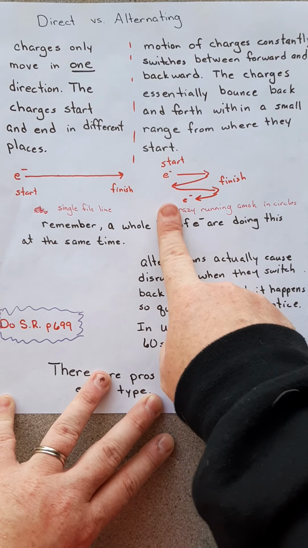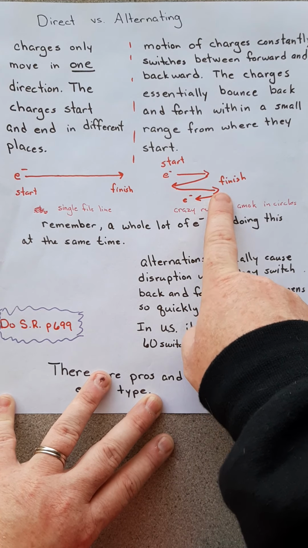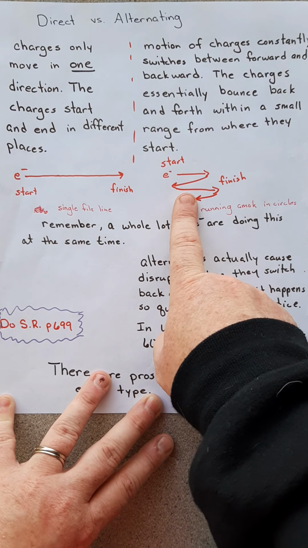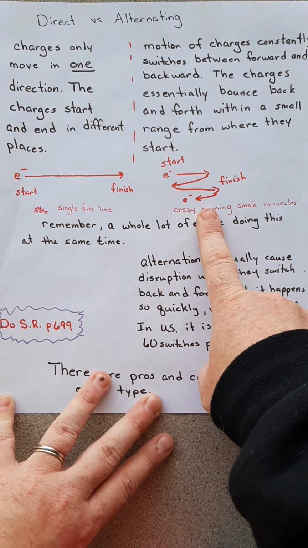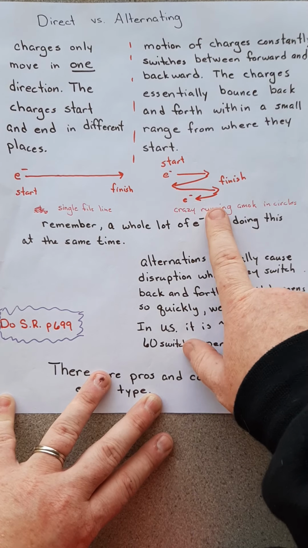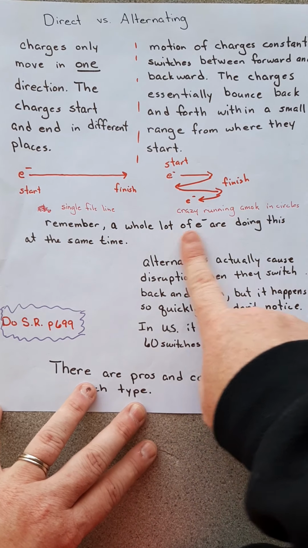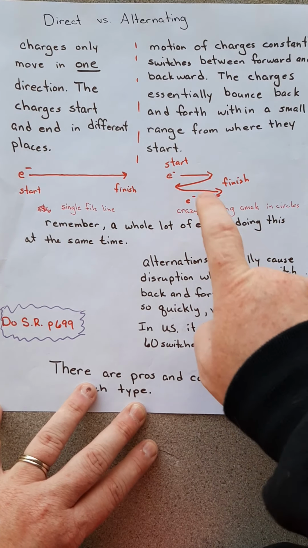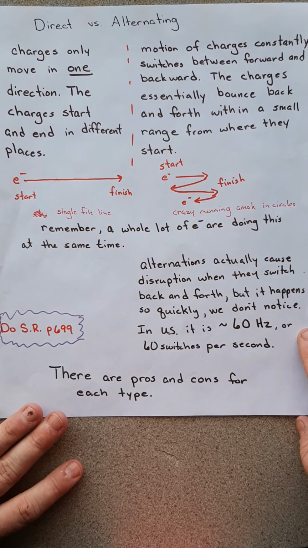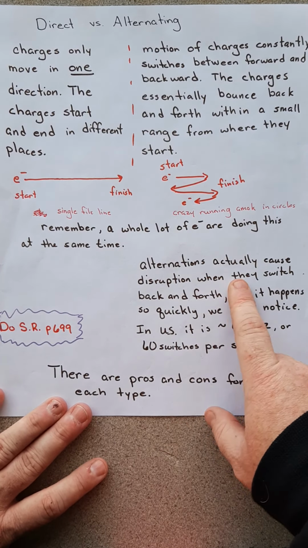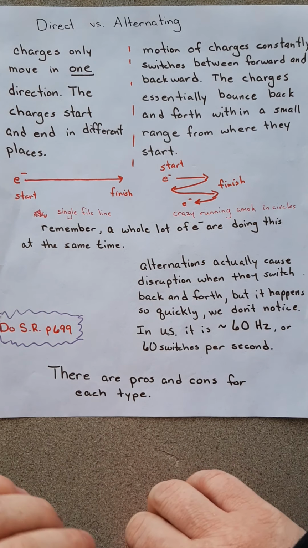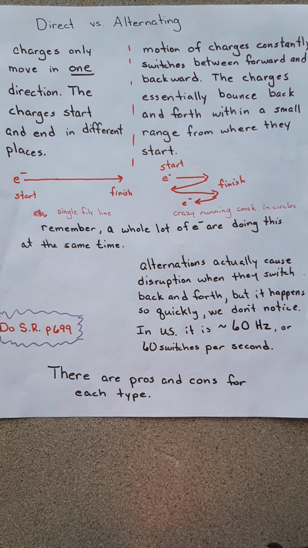And then what you end up with is the electrons stay within a fairly small range of where they started. This is kind of like crazy running amok in a circle. You don't get very far even though you're moving a lot. And again, a whole lot of electrons are doing this at the same time. Alternations actually can cause disruption when they switch back and forth, but because it happens so quickly, we don't notice.